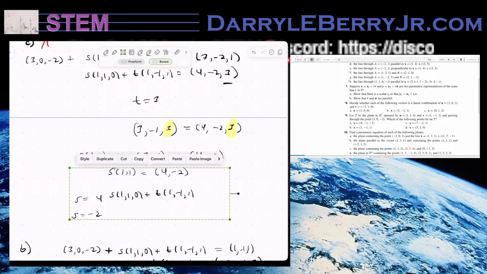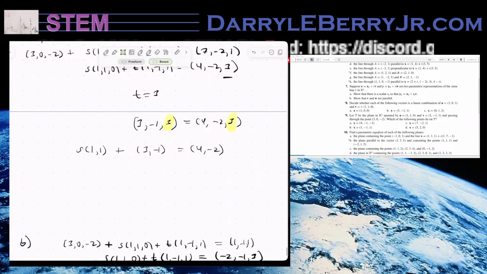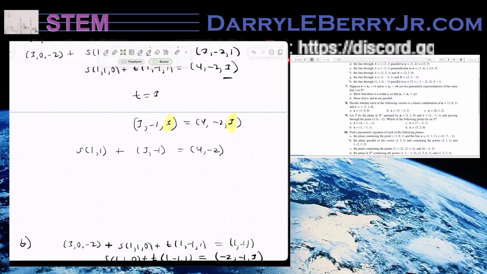I'm not sure why, I guess they updated where my delete is, and it's not where it usually is. So I should actually have S 1 1 equals 1 and -1.